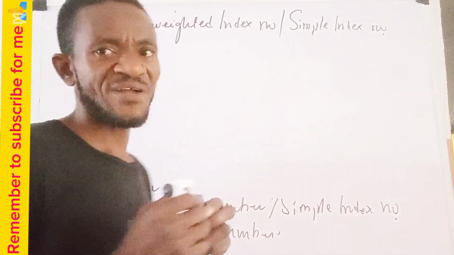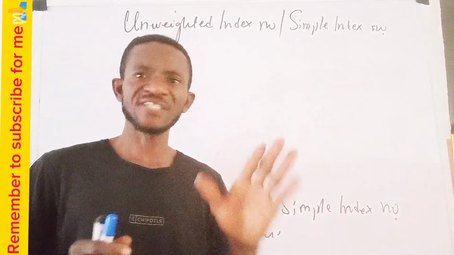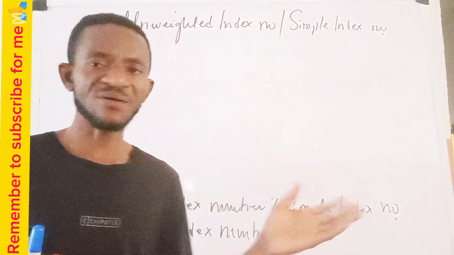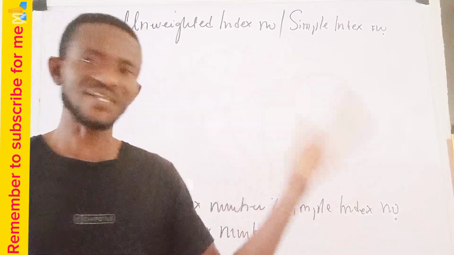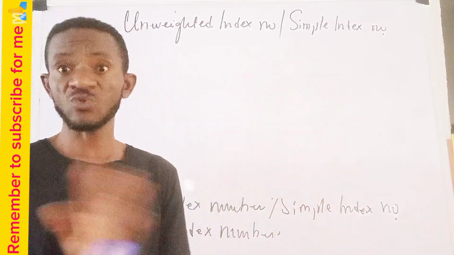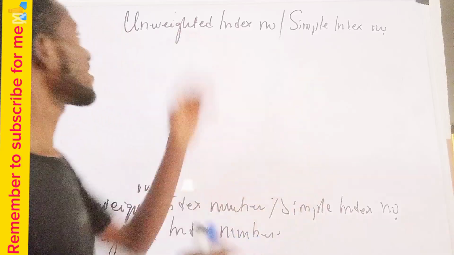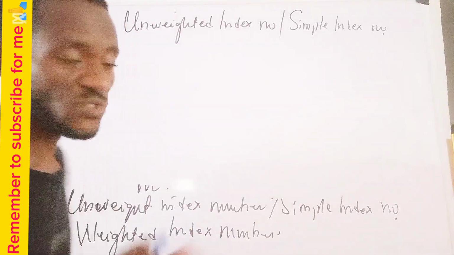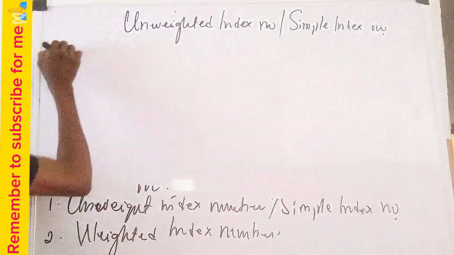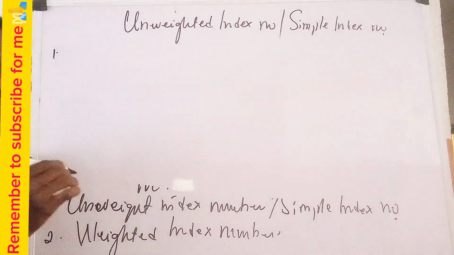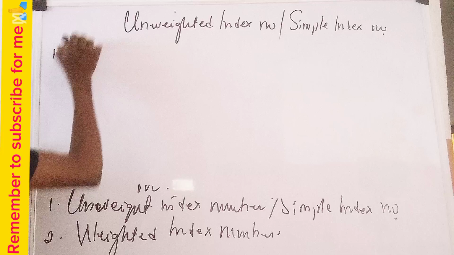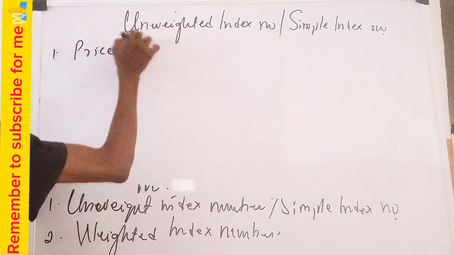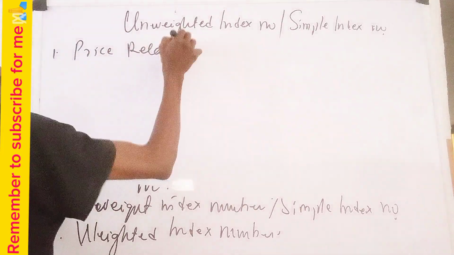Let us narrow down our discussion in terms of price alone, so that you hear us talking about simple price index number, simple price relative, and the rest of them. Under this unweighted index number, number one is what we call price relative.